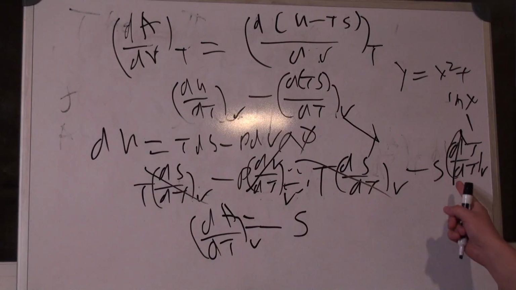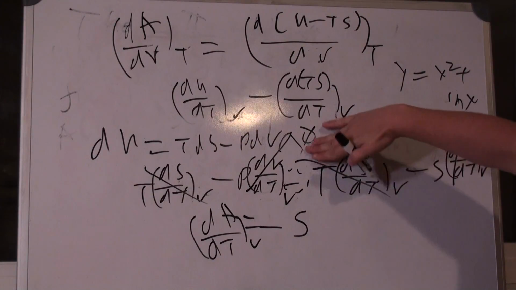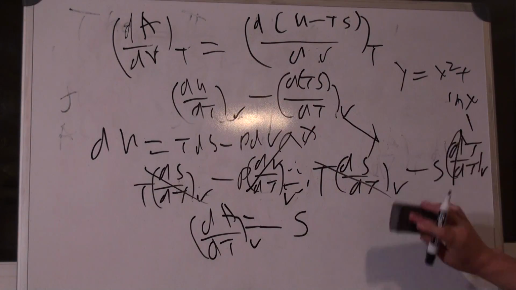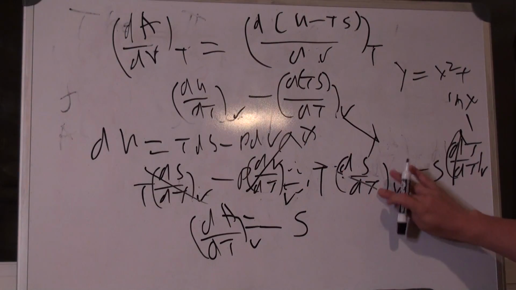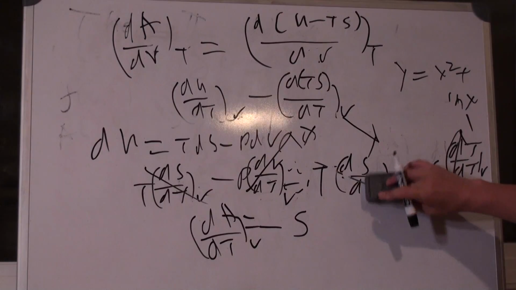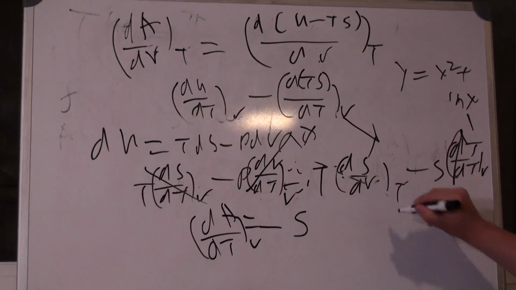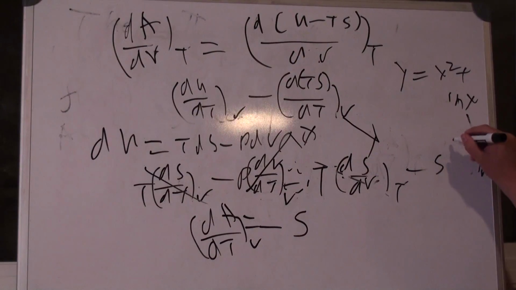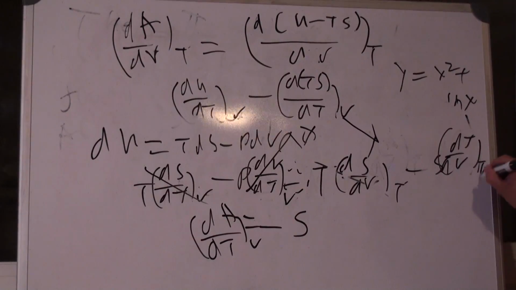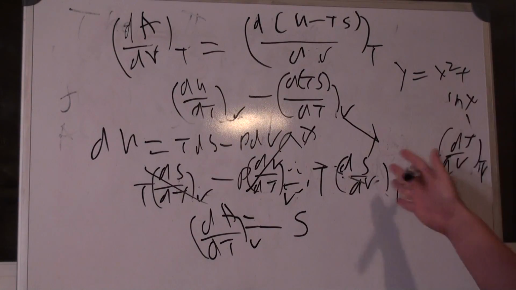I still do a product rule, but of course the thing that's different here. Let's try and preserve that as much as we can. So dU/dV minus s dT/dV at constant t.